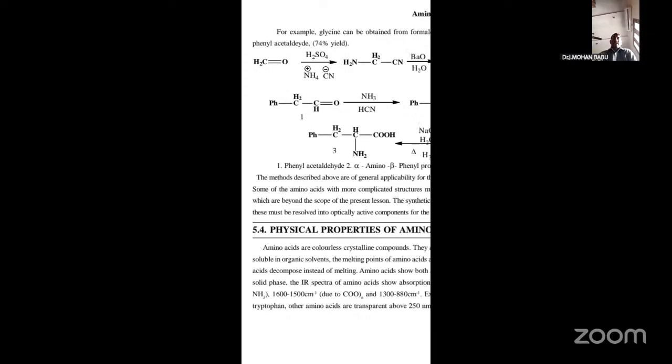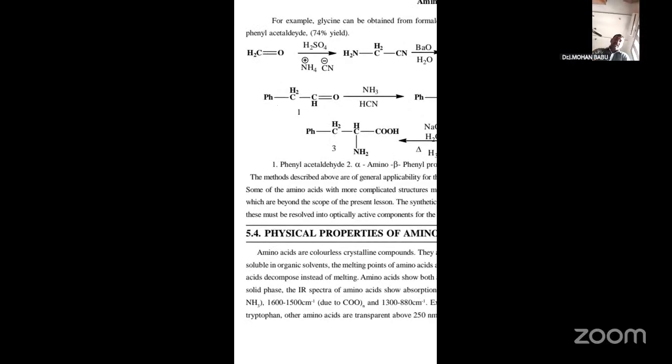And here the carbonyl, right? The acid carbonyl group is at 1600 to 1500 centimeter inverse here. Generally, the carbonyl C=O group is obtained in the range of 1595 to 1700.